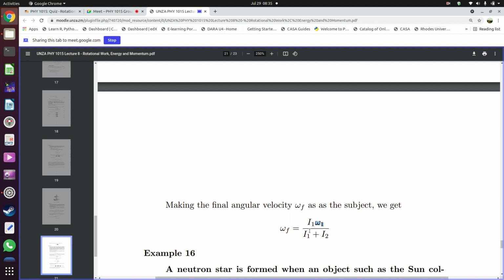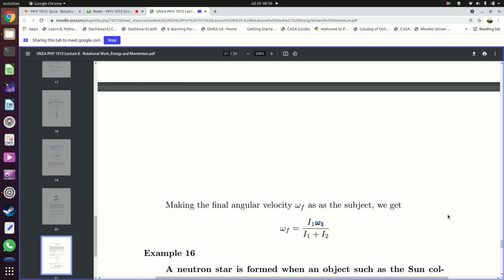This fraction, I1 divided by I1 plus I2, is going to be less than 1. Multiplied by this term here, you are going to end up with a final velocity which is less than the initial velocity. So it's going to slow down.